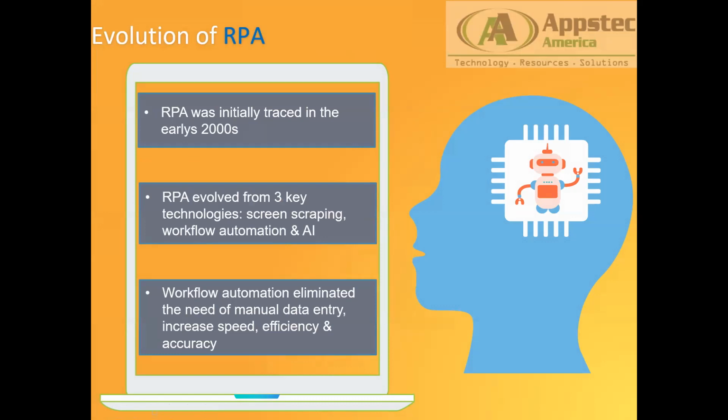Now let's understand the evolution of RPA. What are the factors that drive the development of a technology or a platform such as RPA? There are three drivers that contribute to the evolution of RPA. One is the need or the urge of automation across industry, across the globe.